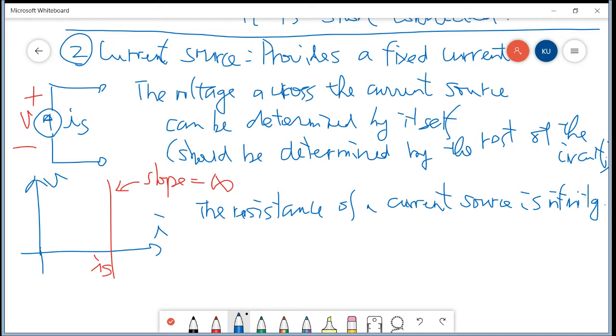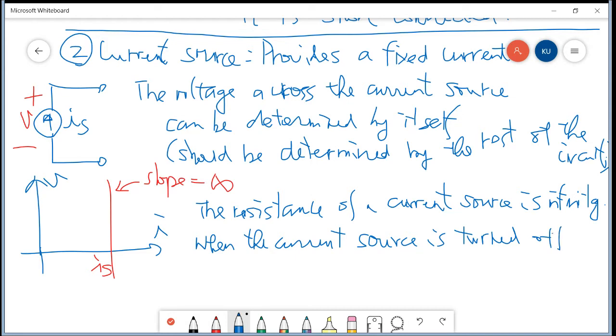Okay, so which means that when the current source is turned off, it is open connected.